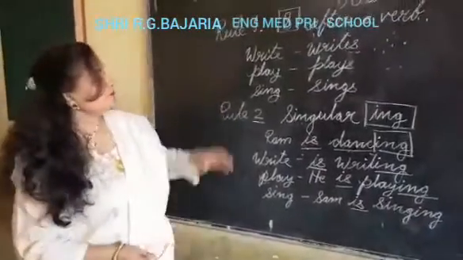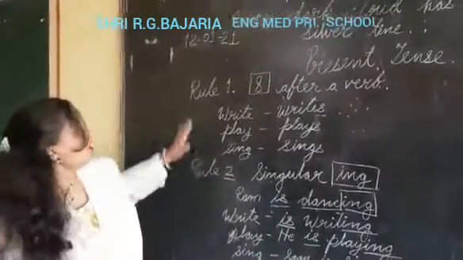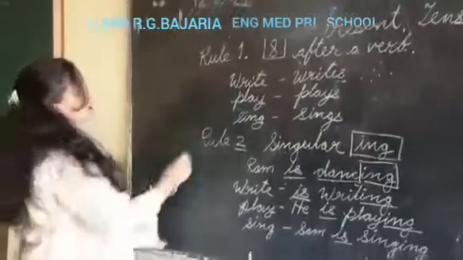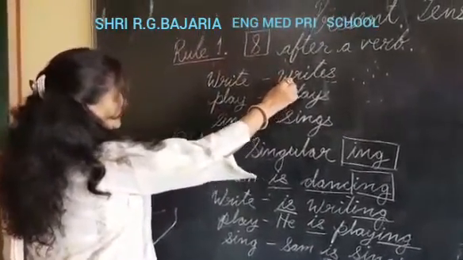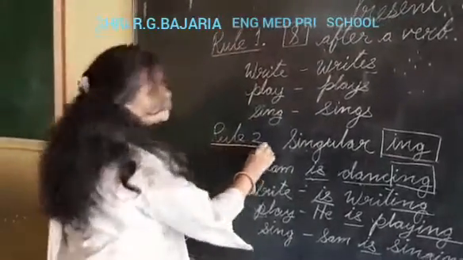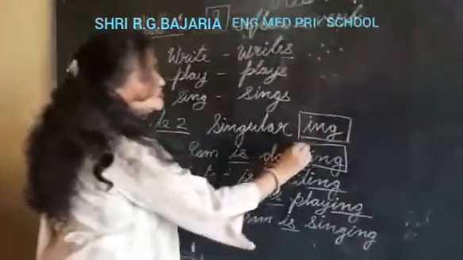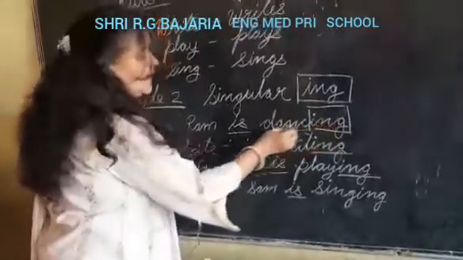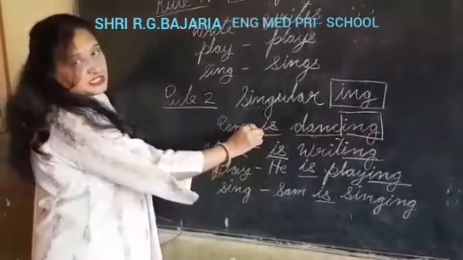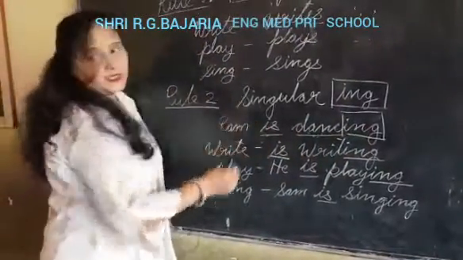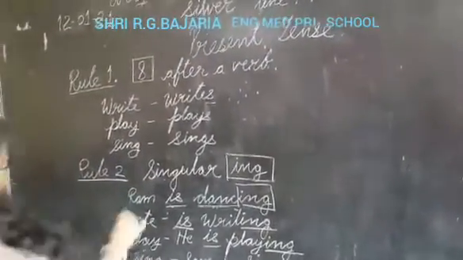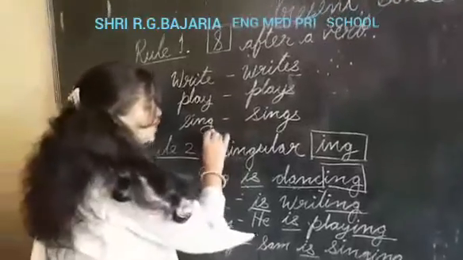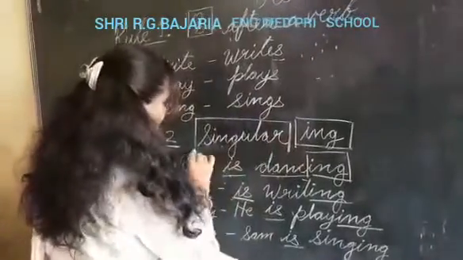So, I hope this is clear to you. Rule 1. S is used after a verb. Rule 2. ing is used after a verb, and is is used before the verb when the noun is singular.